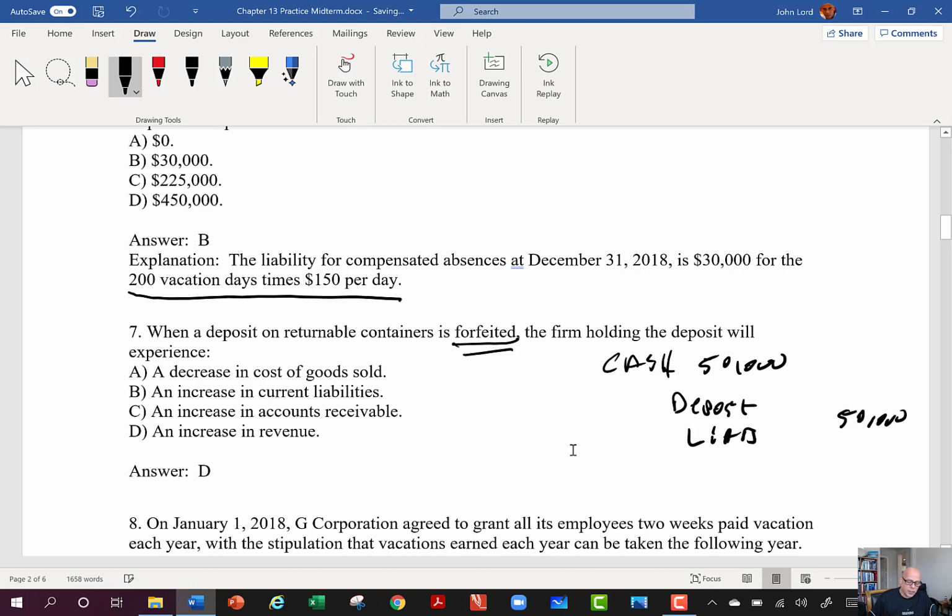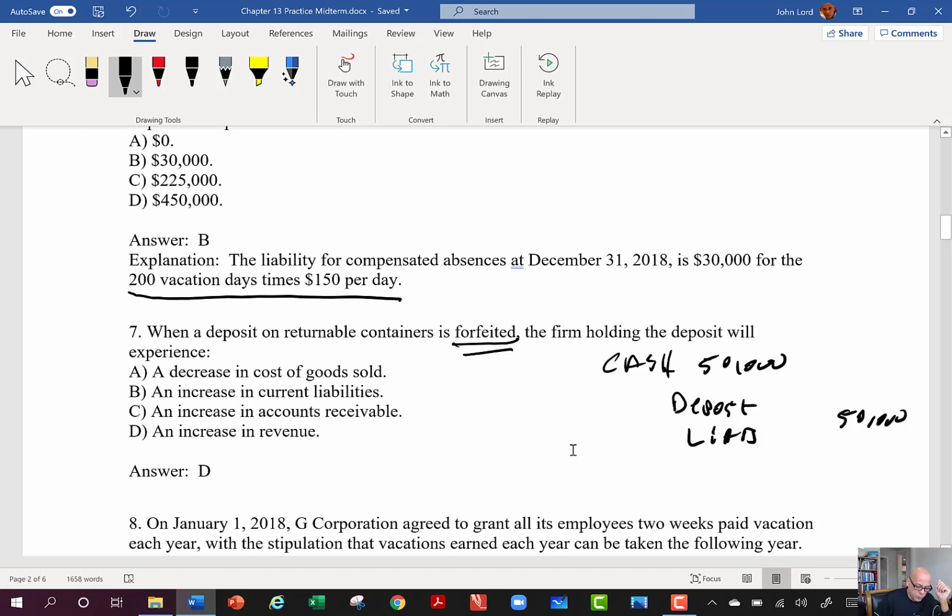Whatever the terms of the agreement are, say you give us this deposit, but at the end of the 5-year contract, you have to forfeit the deposit. As long as you keep these containers and use them for 5 years, then at the end of that 5 years, we don't have to refund any of the money back to you.